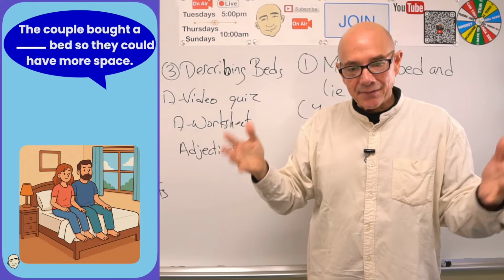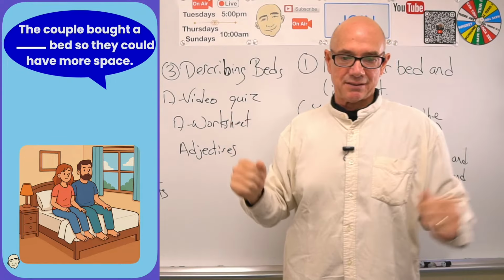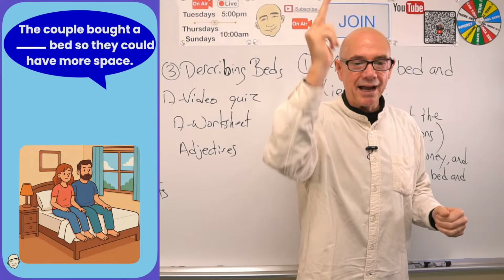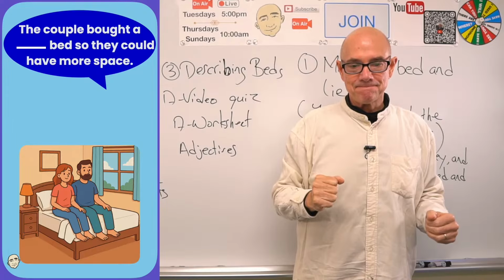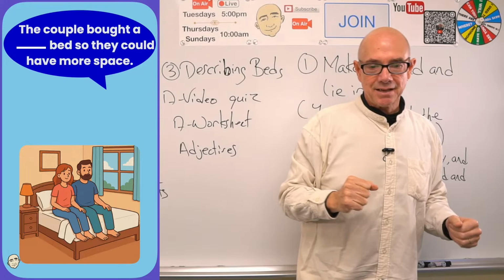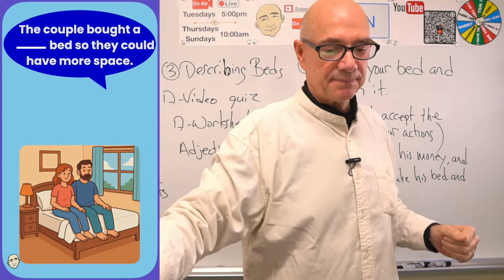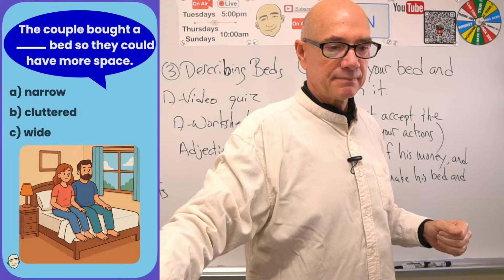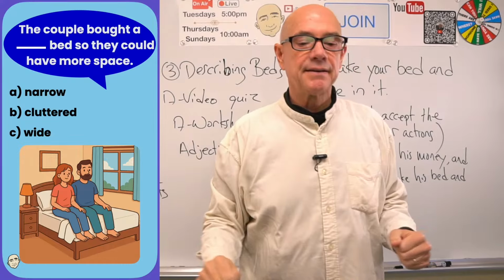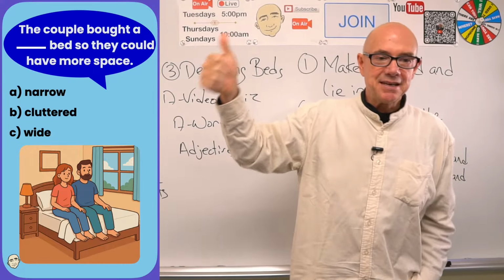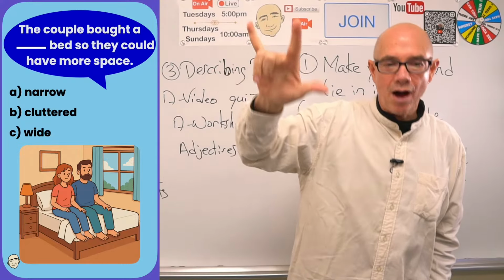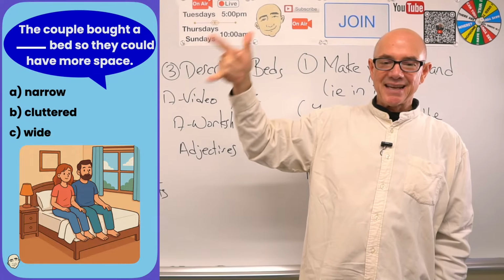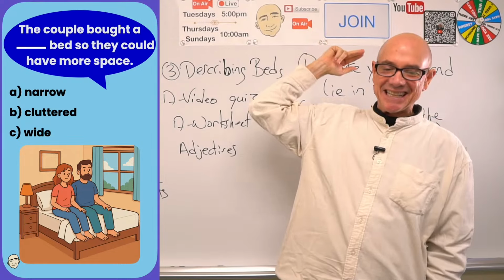So what kind of bed are they going to get? I see spacious, wide, king-sized. Okay, let's have a look at the three choices. Very good. So we have narrow, cluttered, wide. What's it going to be? I think we know. I already see it in the chat.